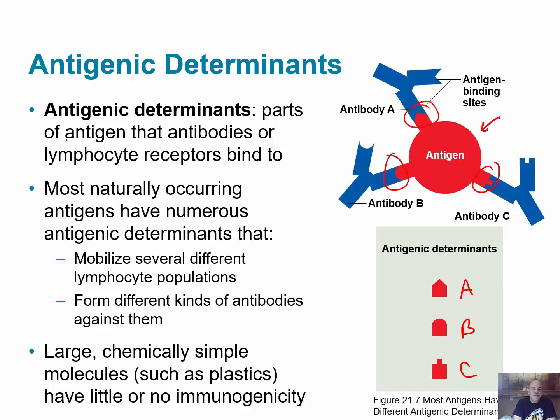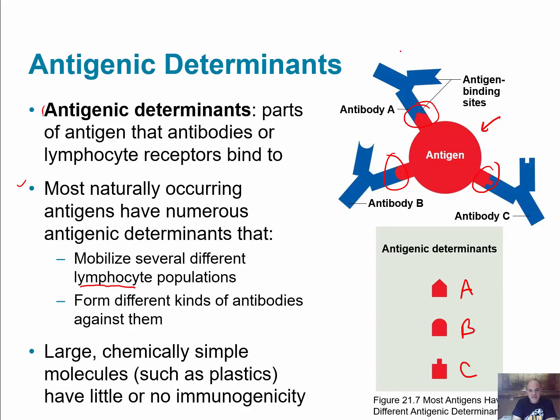Most naturally occurring antigens have numerous antigenic determinants, and these determinants can mobilize several different populations of lymphocytes, because there are several determinants on the antigen, and they can form different kinds of antibodies against them.